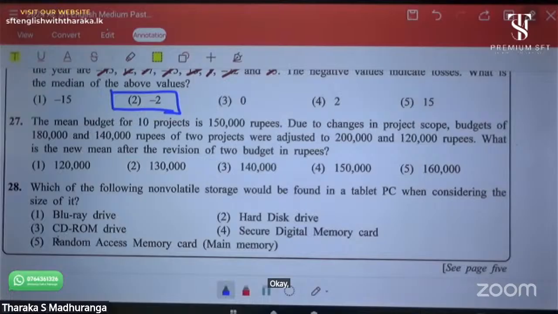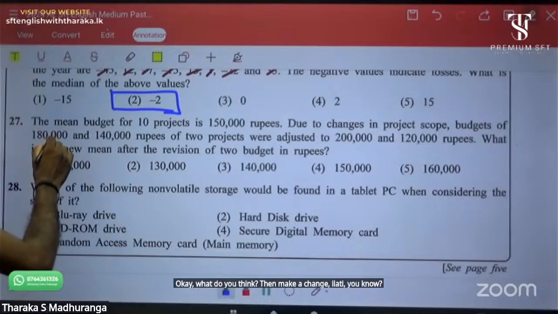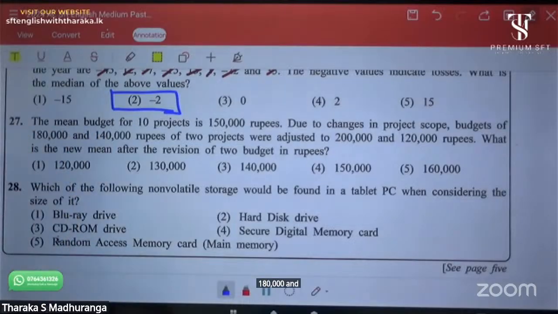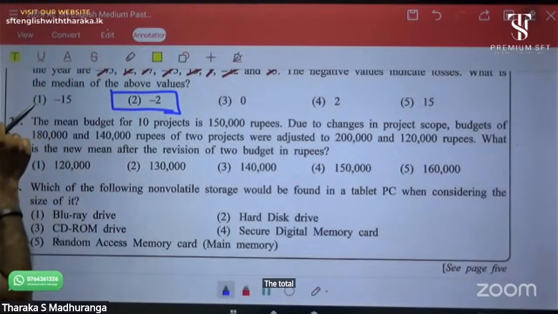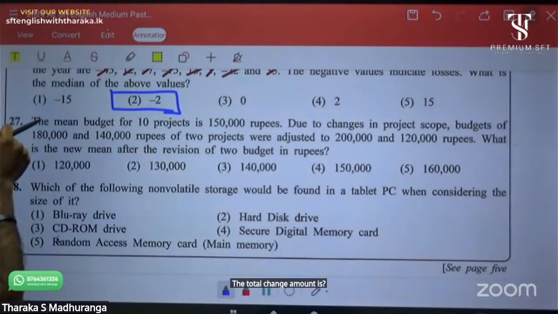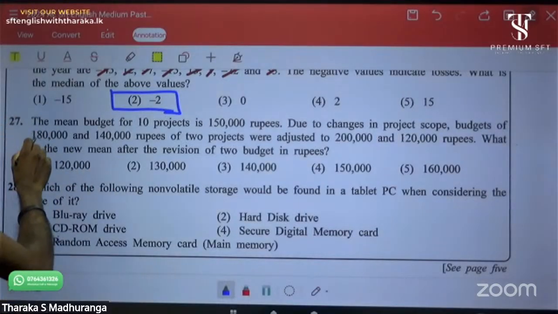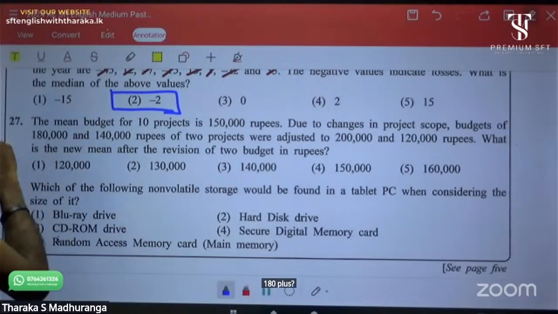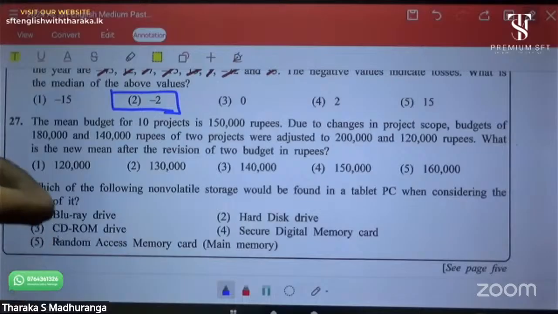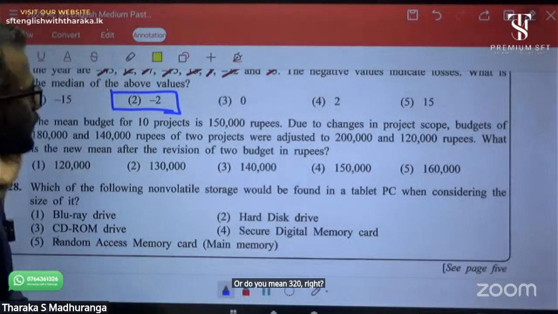Okay, what do you think? Then make a change vela thiyena 180,000 and 140,000, right? 180 plus 140, the total change amount is 180 plus 140 means 320, right? 320,000 is changing.